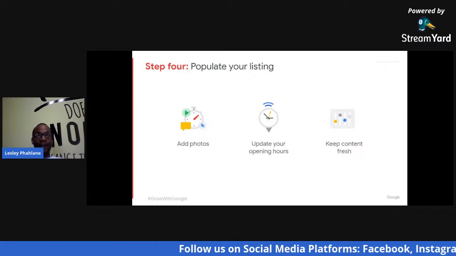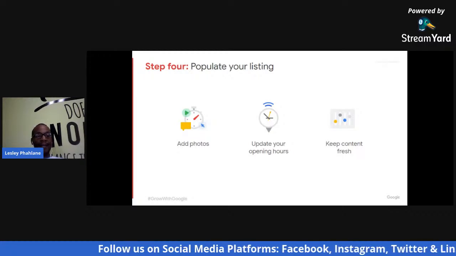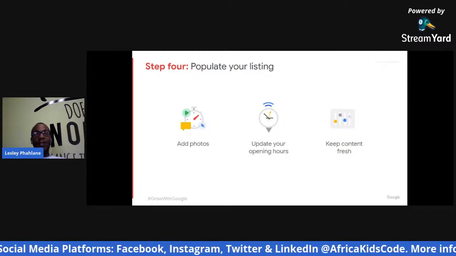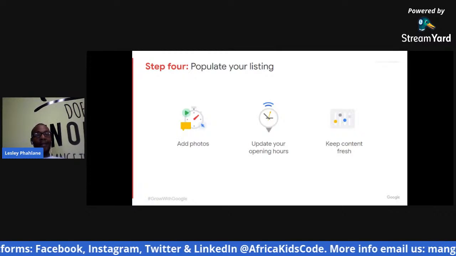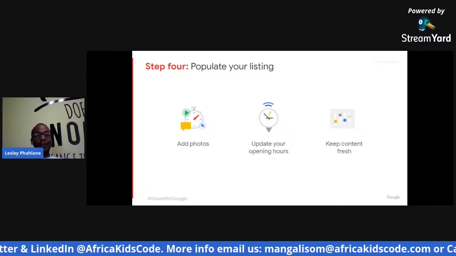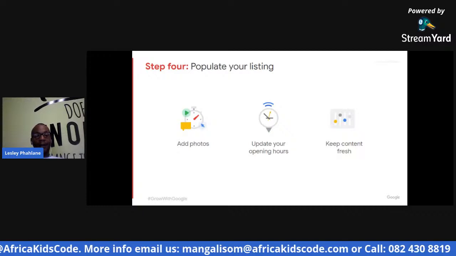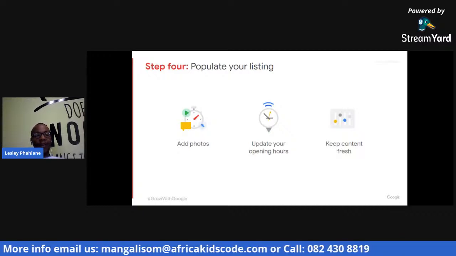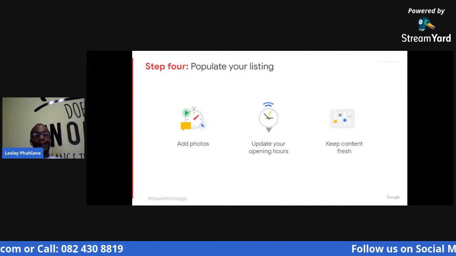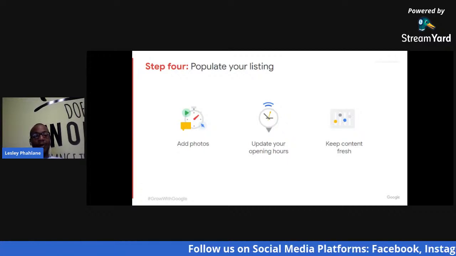For example, if you are selling alcohol and now since the hours have changed, if you were closing at maybe around 2 a.m., you can now change to 10 p.m. so that people can know if your business is still operating or not. And you must also make sure that you regularly post so that you keep fresh content on your Google My Business.